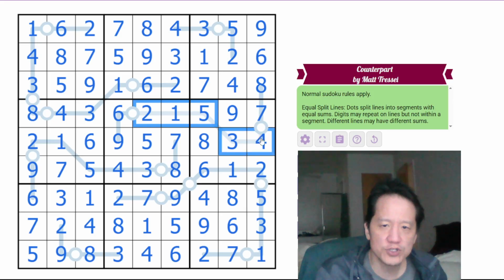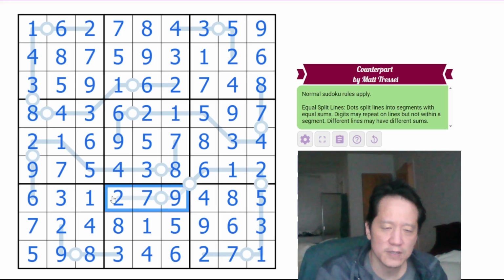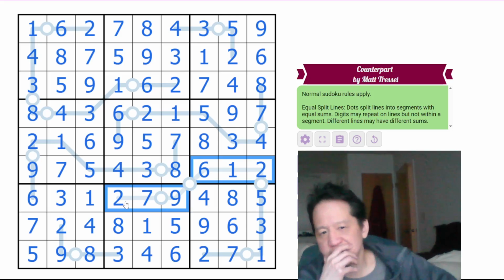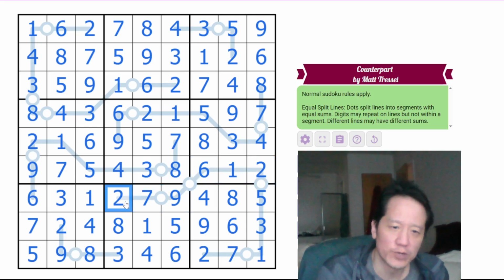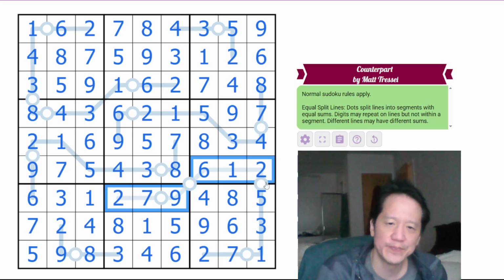Pretty interesting use of the equal split lines. Trying to think of a way that... I don't know. I just basically solved what I saw available.